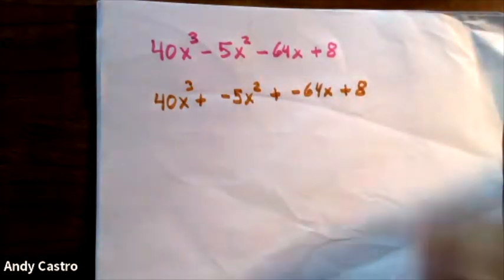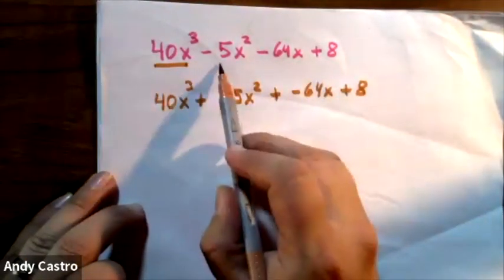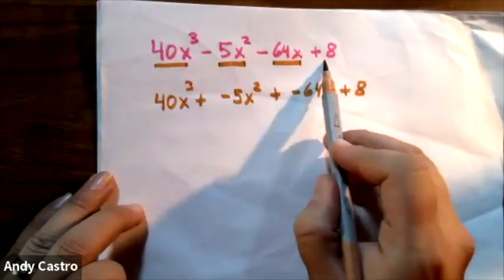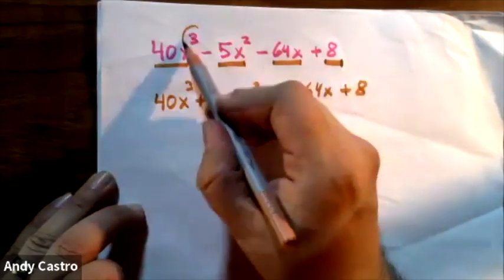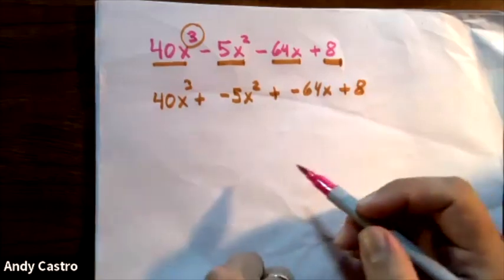And again, I mentioned this earlier, but we're dealing here with a 1, 2, 3, 4 term degree 3 polynomial. Degree 3 is also called a cubic. So a 4-term cubic polynomial. All right, now I'm going to draw my parentheses.